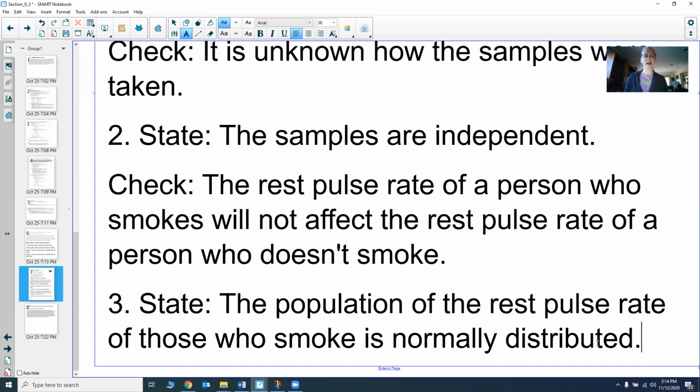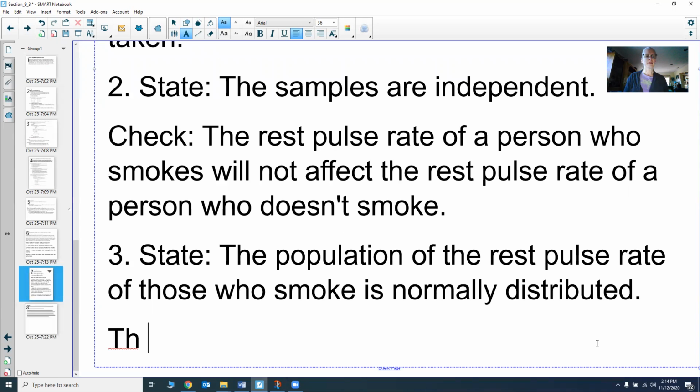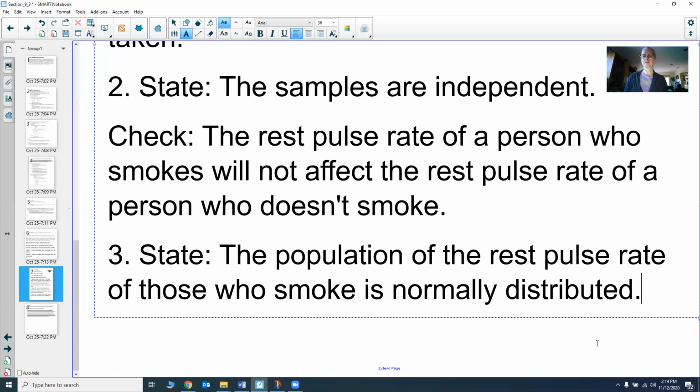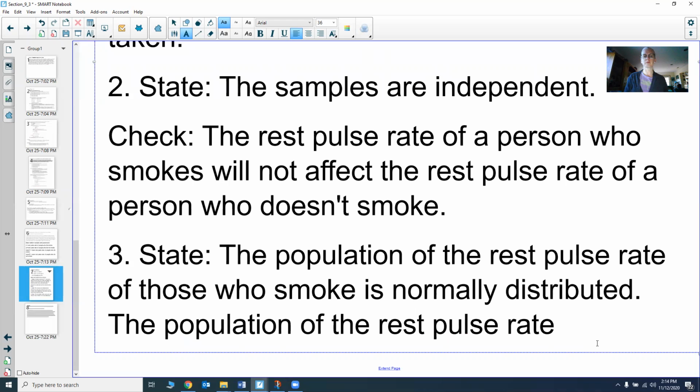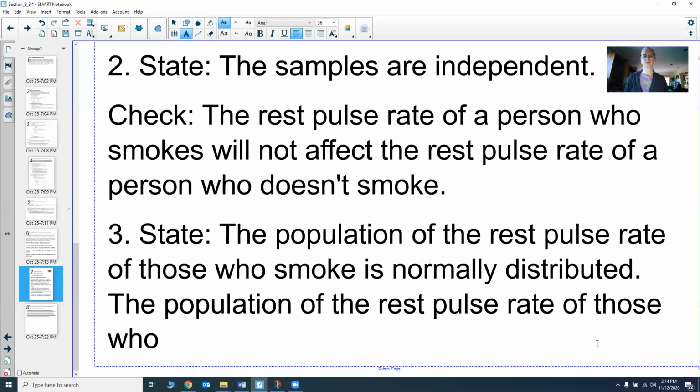Again, that's what's supposed to happen. And then the other statement is that the population of the resting pulse rate of those who do not smoke is normally distributed.